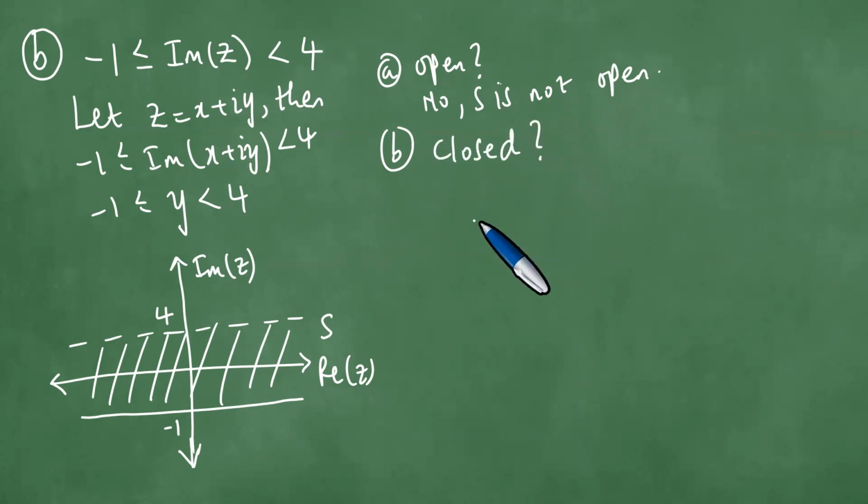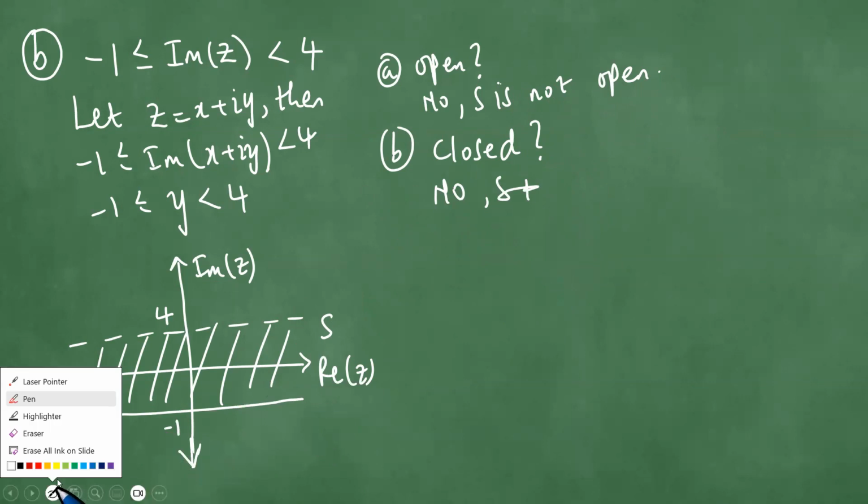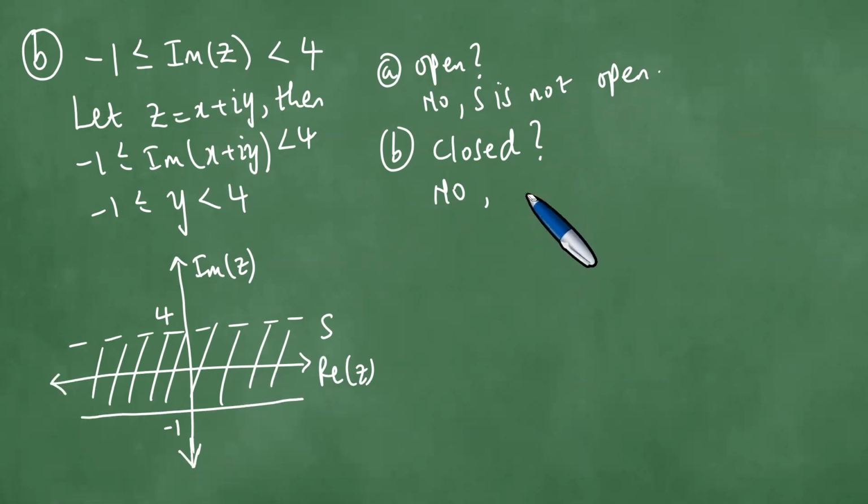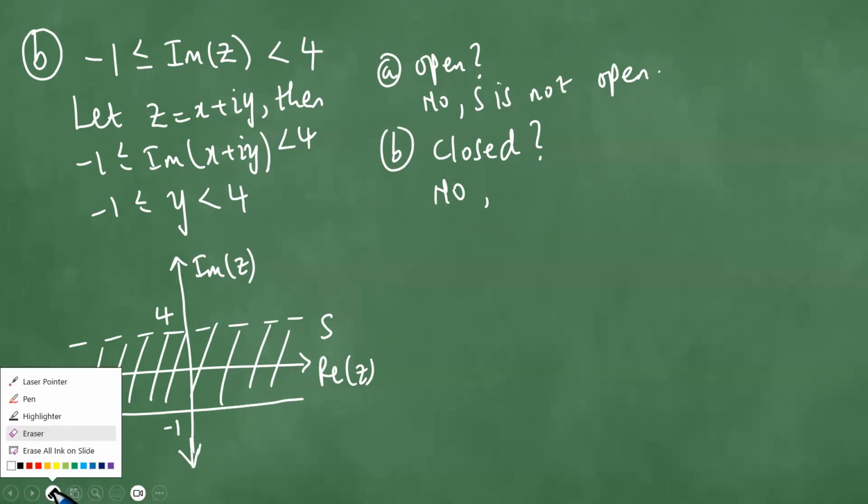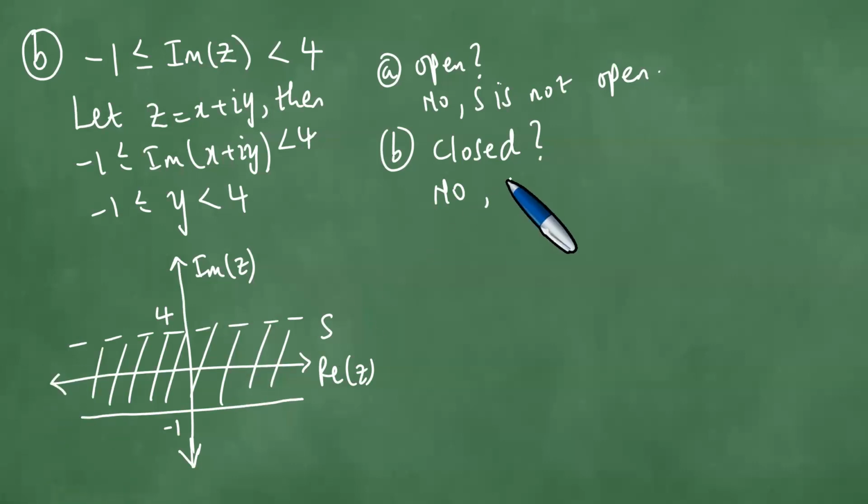No, S is not closed. Well, it's not closed because it's open on this side. It does not include this part of the region.